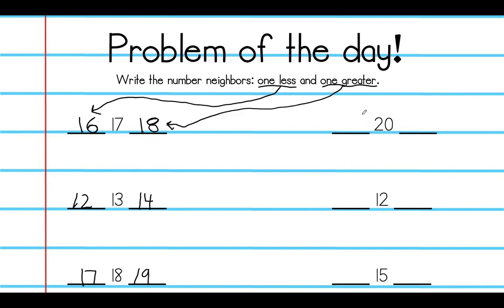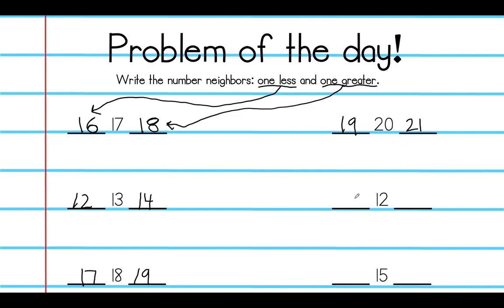All right, and then over here we have 20. So I guess I'll just keep doing it with you. So think out loud, what is the number that is 1 less than 20? Would be 19. The number 1 greater than 20, think it, say it, 21.